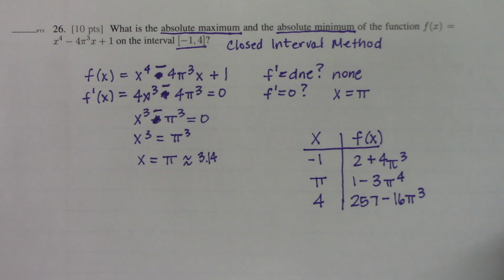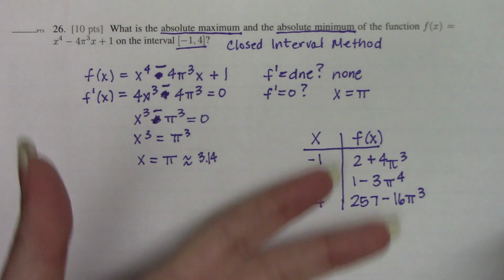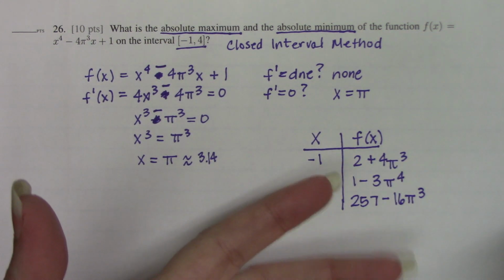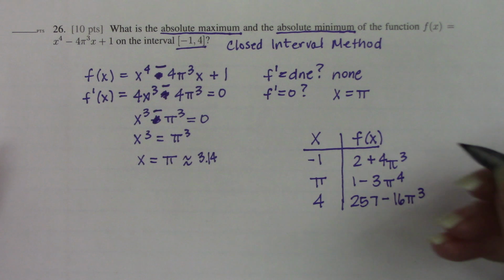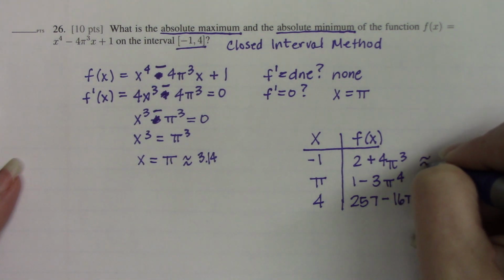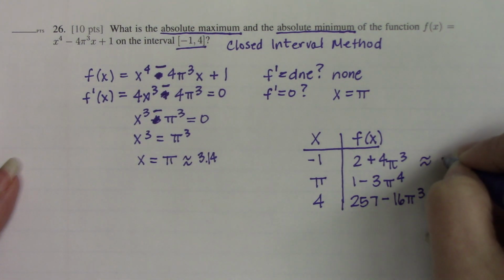What we're supposed to do next is pull the biggest value we see here and name it the maximum, and the smallest value we see here and name it the minimum. Now, that is actually next to impossible to do without a calculator. So I'm going to show you what the calculator approximation of each of these values is.